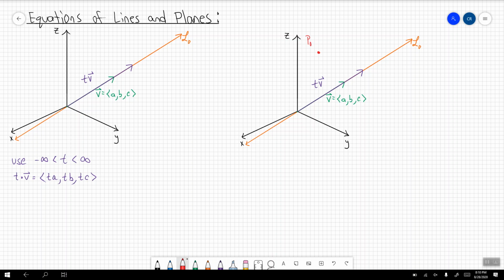This is going to have coordinates x naught, y naught, and z naught. So again, I'm creating this point out in R space 3 that is not on the origin, and it does not fall on my line L naught.